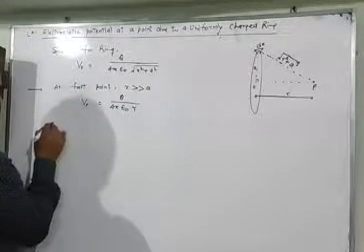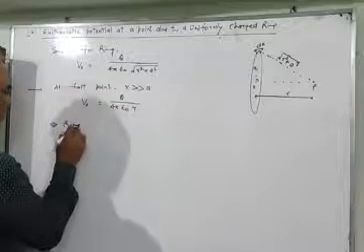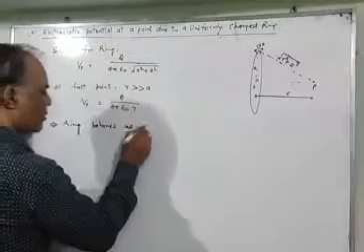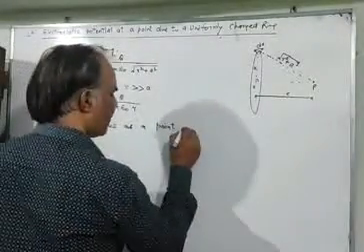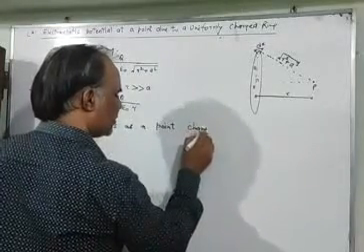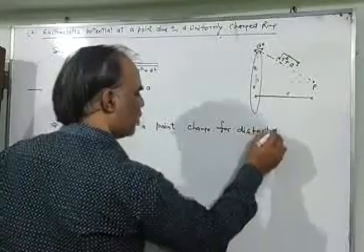So this implies ring behaves as a point charge for distant point.